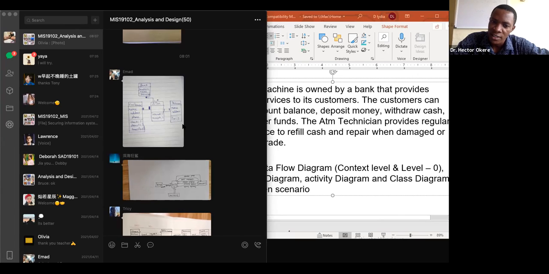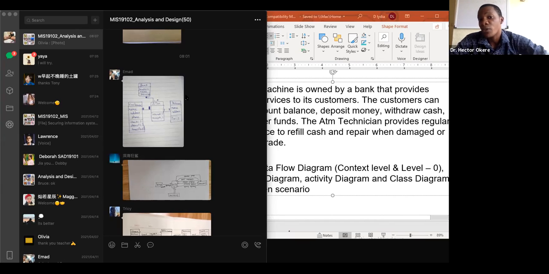So let me give a scenario. There are different kinds of customers, right? What if a customer has his account blocked or a new customer? Will the new customer, for example, go to the ATM, right? Or the blocked customer, will they go to the ATM?